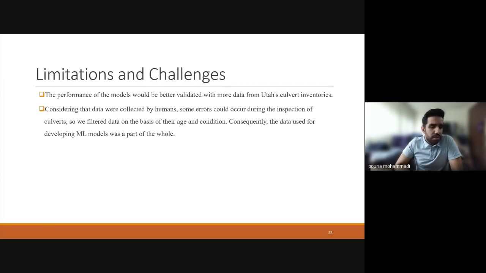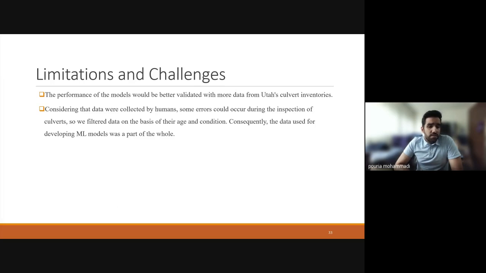The limitations and challenges that we went through during this project were that the performance of the models would be better validated with more data from Utah's culvert inventory. Since we have only 272 culverts of data, it's a little low to validate our method, but we can add more data for validation, and that would be great.